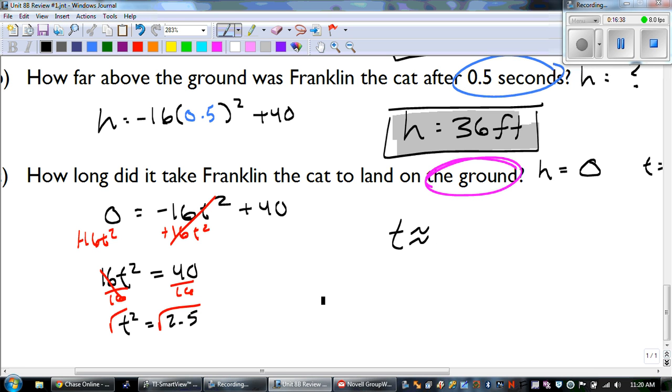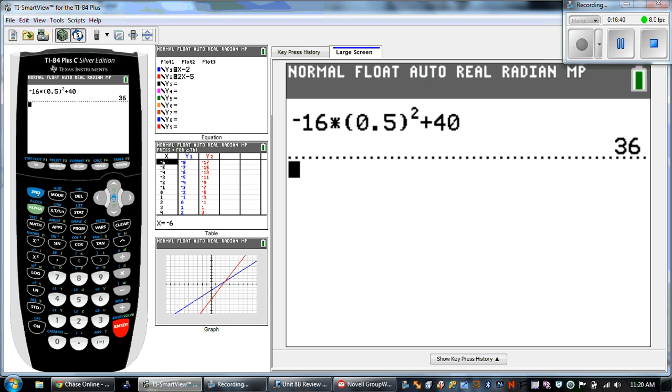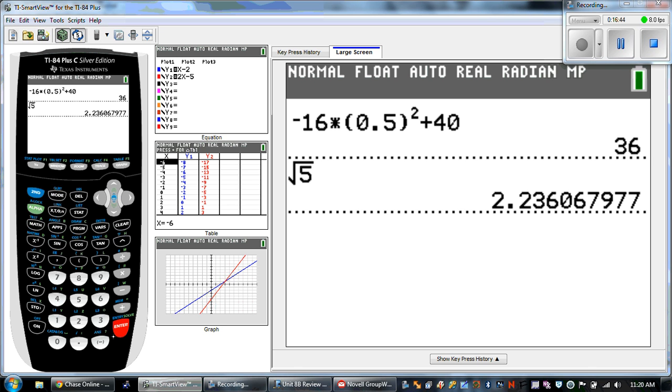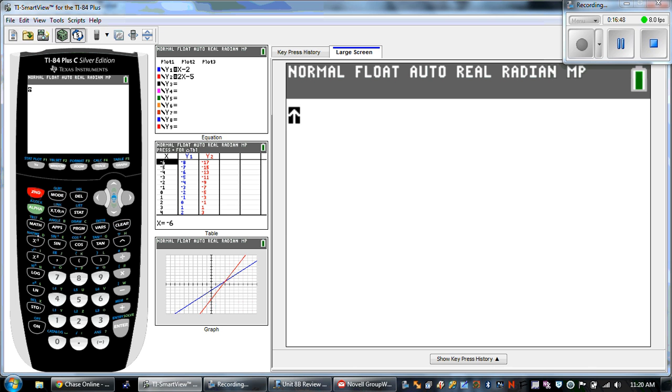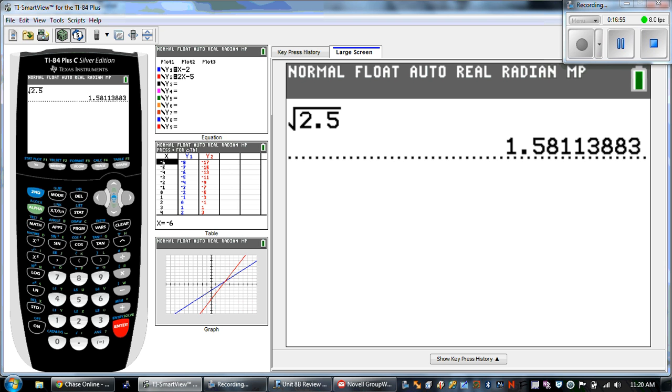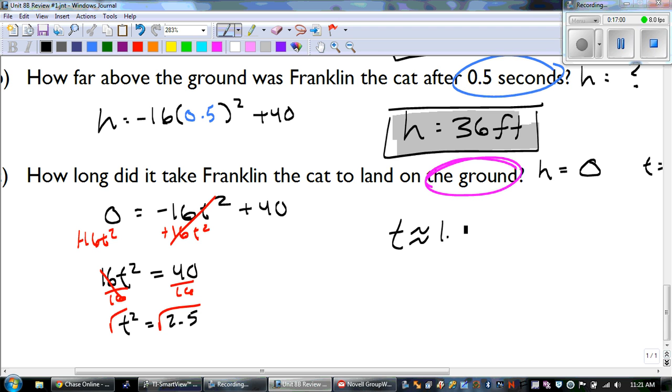So here we go, we'll do it together. We're taking the square root of 2.5, and we get 1.58. Good, so approximately 1.58 seconds.